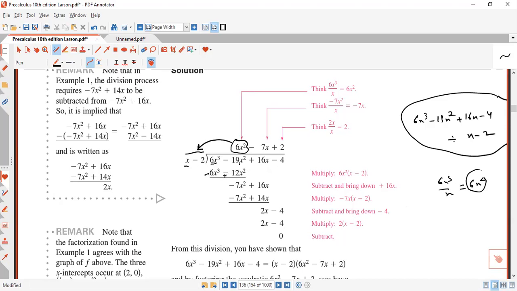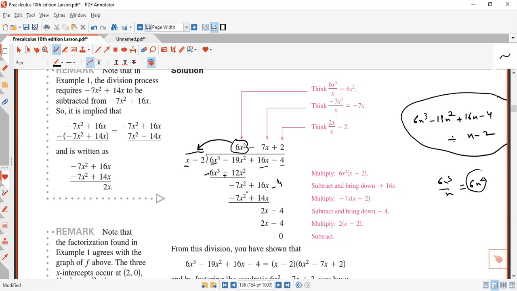So minus 19x squared plus 12x squared becomes negative 7x squared. Clear? And you bring the remaining terms down, plus 16x minus 4. You may write all the terms, or bring them down periodically. It's totally up to you.